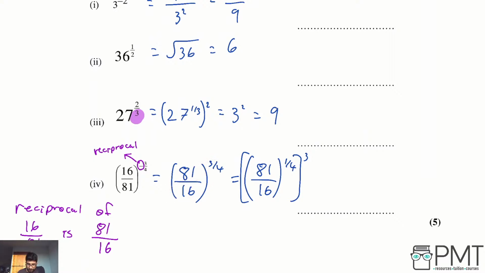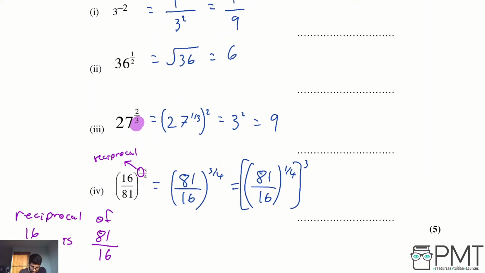And then what I'm saying is similar to this question. In this question, we had something to the power of 2 over 3, and what we did was, inside that number, this was 27, take the third root and then square it. So I'm going to do the same thing here.